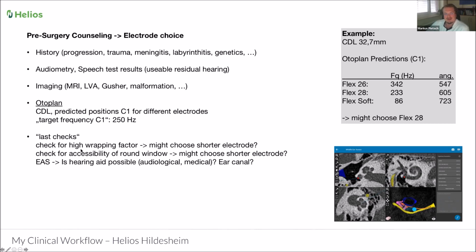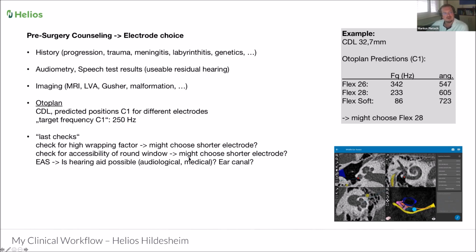And you should always keep in mind this wrapping factor, so how strongly the cochlea is wrapped for the cochlear duct length, is also a factor, because it will increase insertion forces and might also be a cause for not being able to insert an electrode completely, and you don't want to have contacts out of the cochlea.